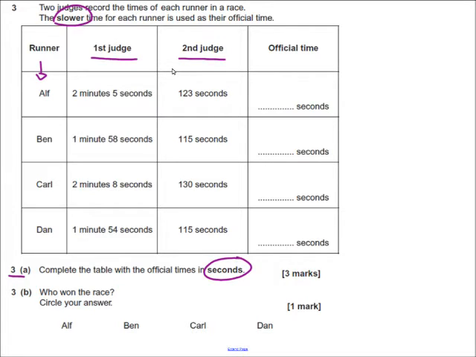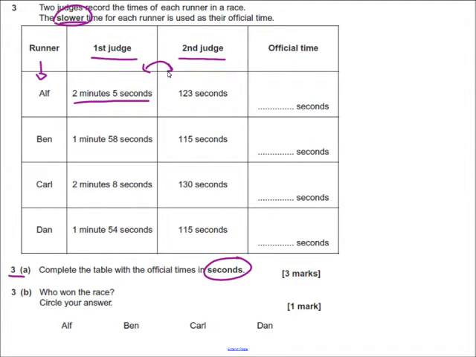What we need to do is convert our time from minutes and seconds into just seconds, and then compare the times for each contestant between Judge 1 and Judge 2 and find out who is the slowest, which means the one who has the longest time out of the 2.